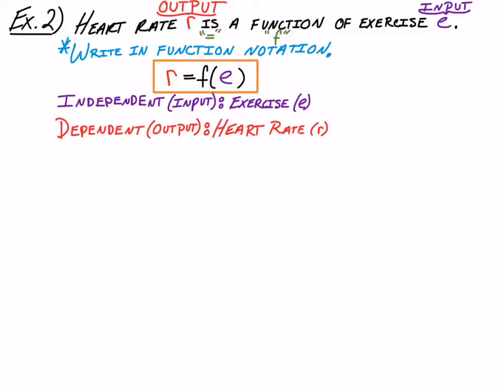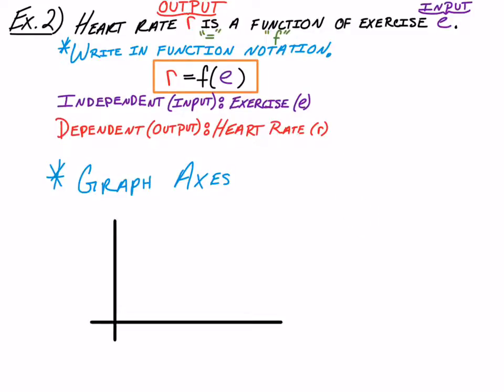So we don't have a specific formula for this function, but we could still line up some axes on a graph because we know which one's independent and which one's dependent. So we know which one would go on the x-axis and which one would go on the y-axis. So let's start with just a couple axes here. So the horizontal axis here, that's where x typically goes. That's where our independent variable goes.